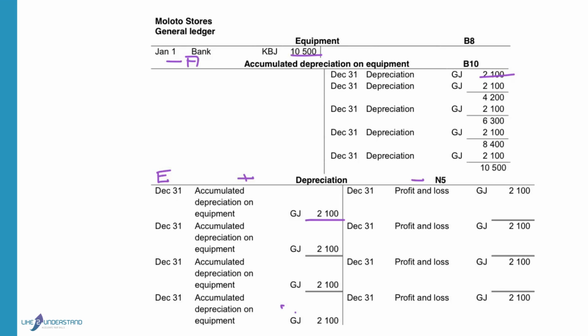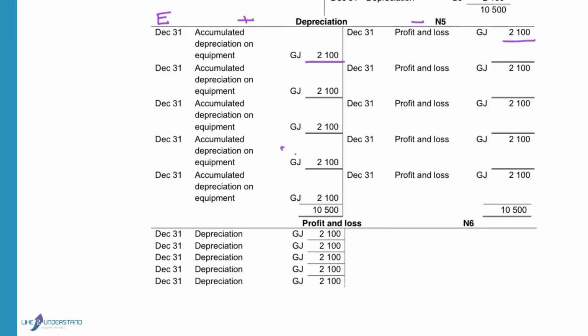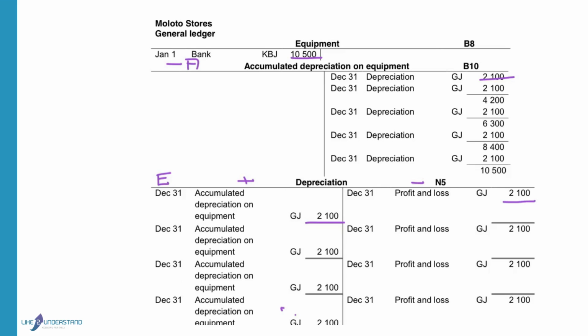That means at the end of the first year, we have an expense of 2,100, and we will transfer that 2,100 to the profit and loss as an expense to reduce our profits. So the profit and loss will be debited in the first year with 2,100. In the second year, we will write off depreciation again to increase my expenses.